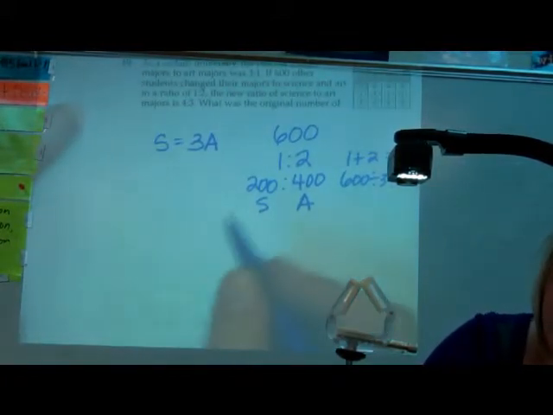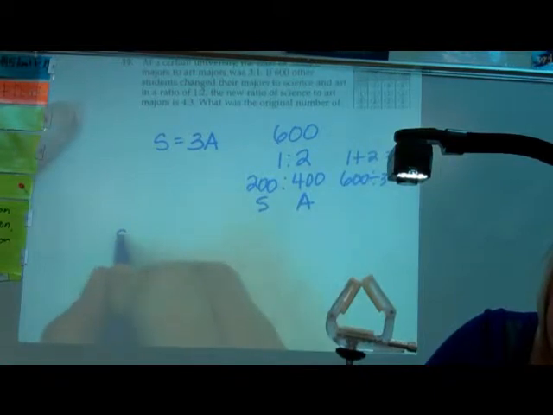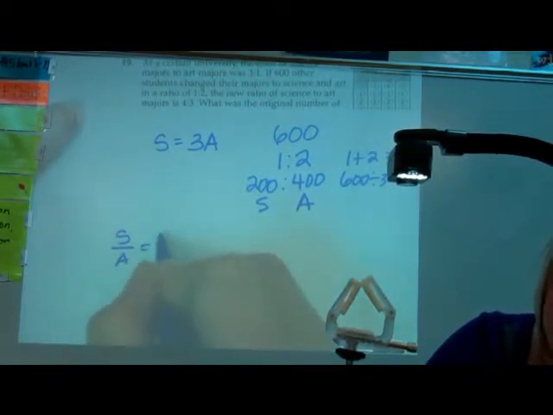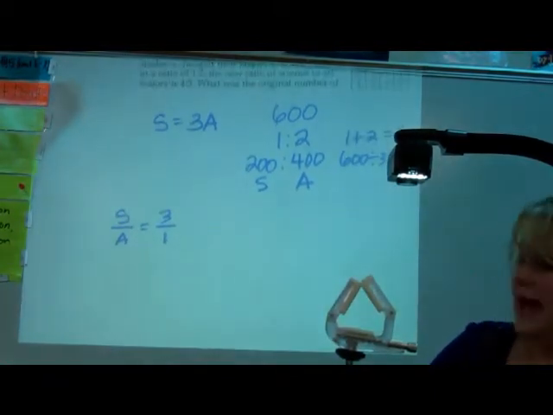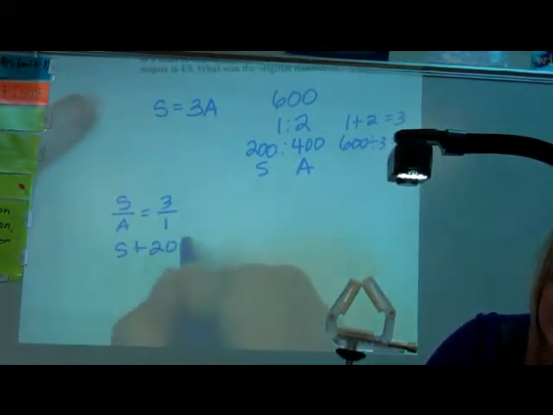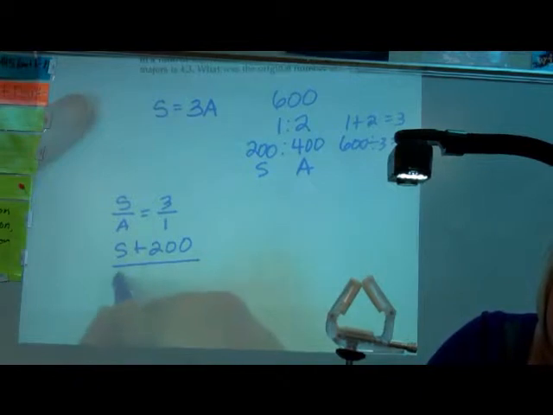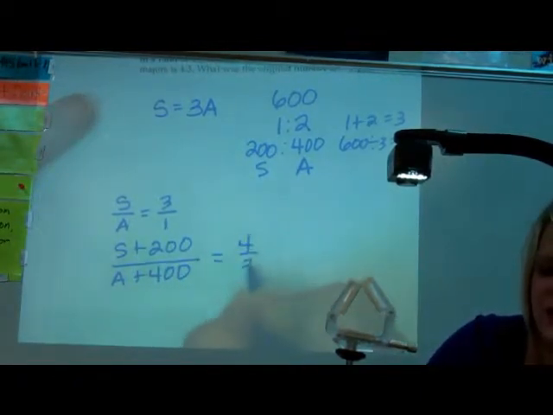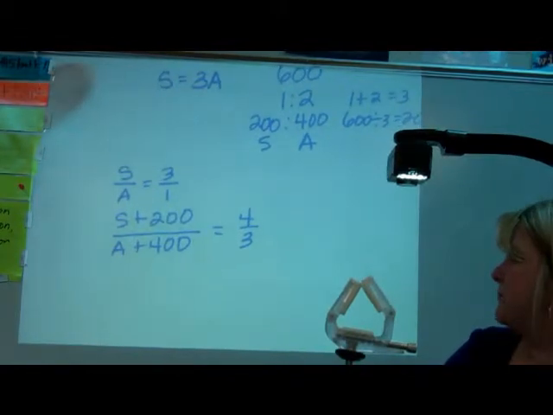Okay, so originally the ratio of science to art was 3:1. And now we're adding 200 students to science and 400 students to art to create a new ratio of 4:3.